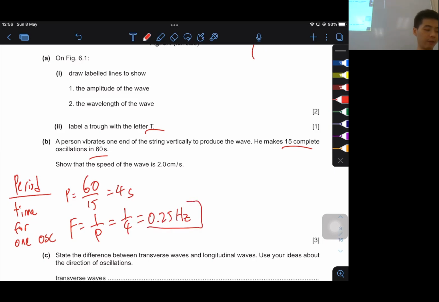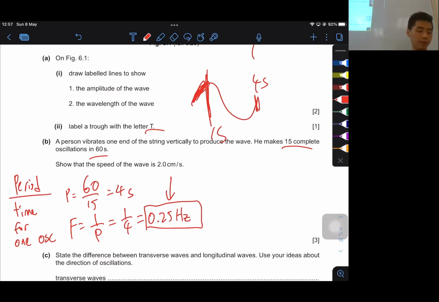Now, guys, the frequency basically tells you how many oscillations it does in 1 second. If you see that it's 0.25 hertz, it means in 1 second it can only complete a quarter of the oscillation. For example, if the period is 4 seconds, 0.25 hertz means in 1 second it can only complete a quarter of the oscillation. You understand what I'm talking about, right?